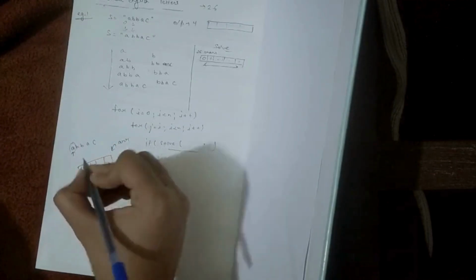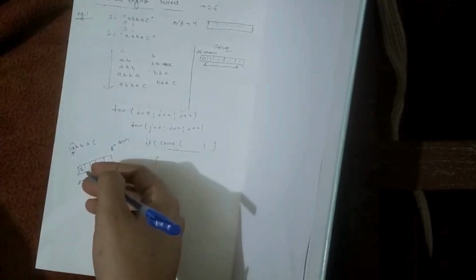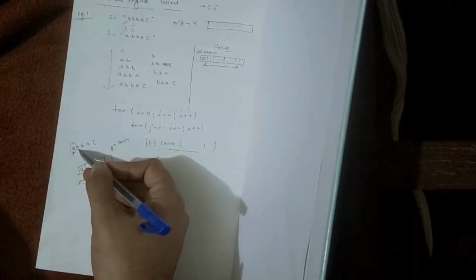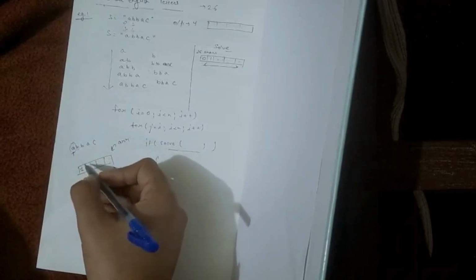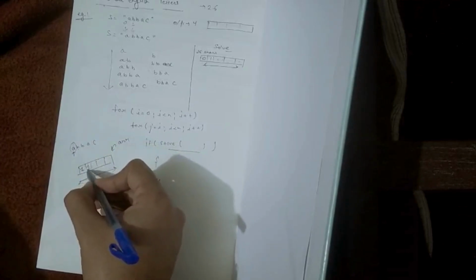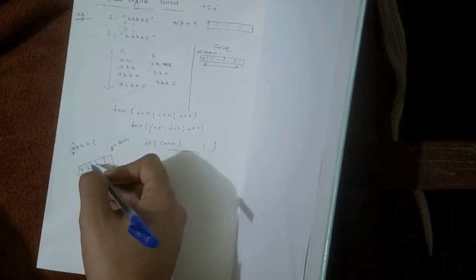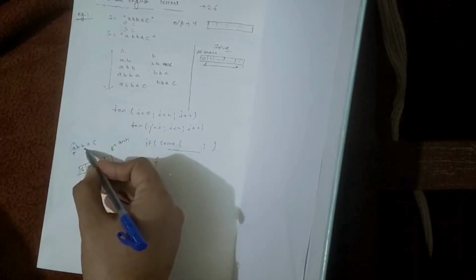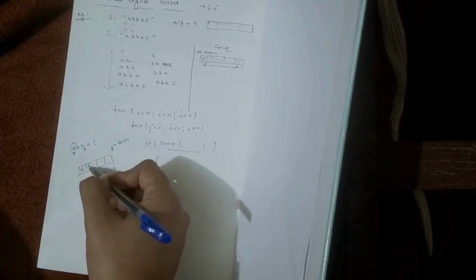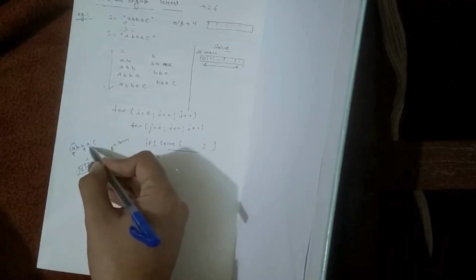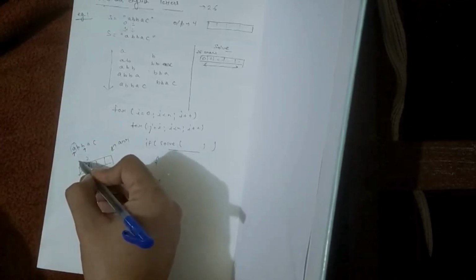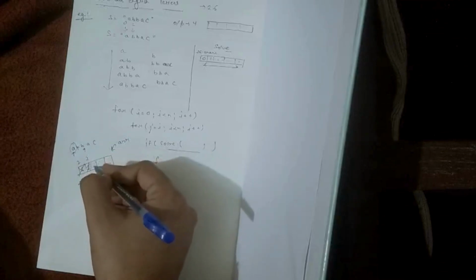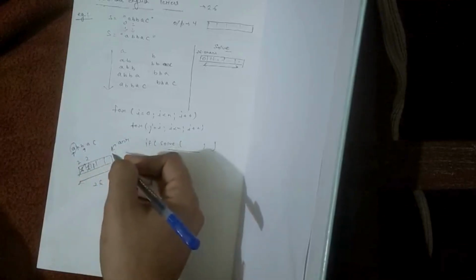B is the second character, so we increase the value at B by 1. Again we find B, so we increase it to 2, and for A we increase it to 2, and for C we increase it by only 1.